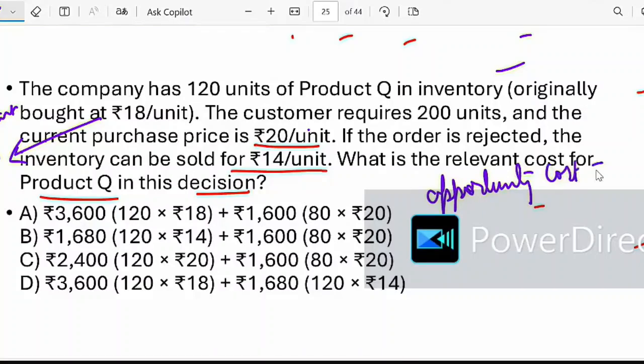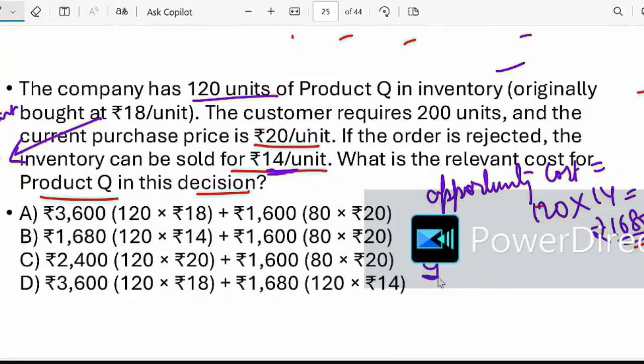Suppose the order gets rejected. So the company has to sell these 120 units at rupees 14 per unit. So this is the opportunity cost, which will be 120 multiplied by 14, which is 1680. Right. So this is the opportunity cost.